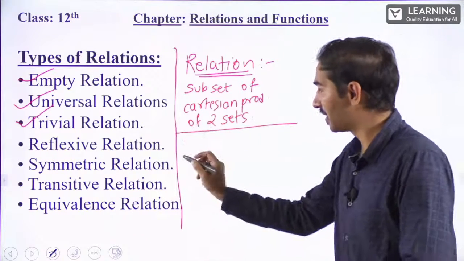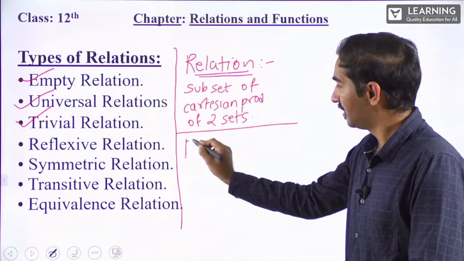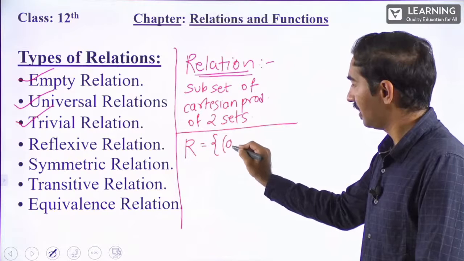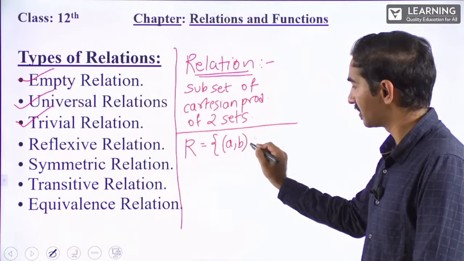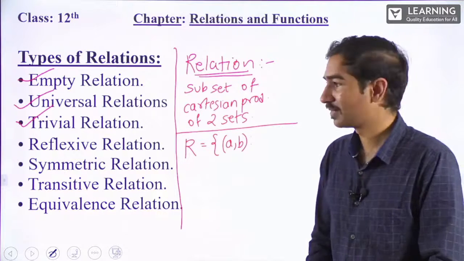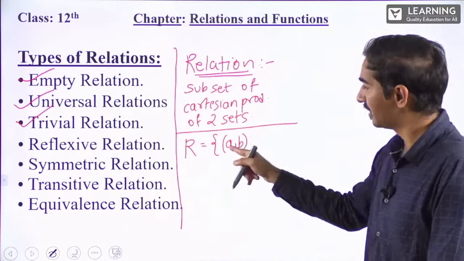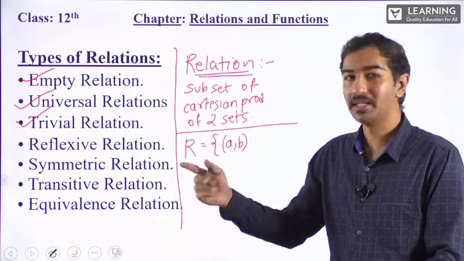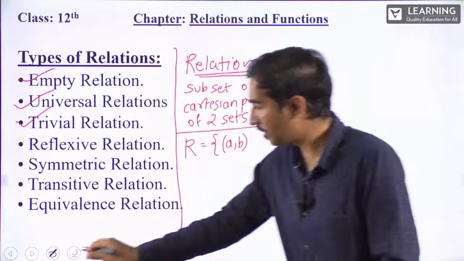The reflexive property is defined as: relation R equals (a, b) such that, okay, reflection, right? If a is standing in front of the mirror, what should be seen in the mirror? Only a should be seen, so b should not be there.